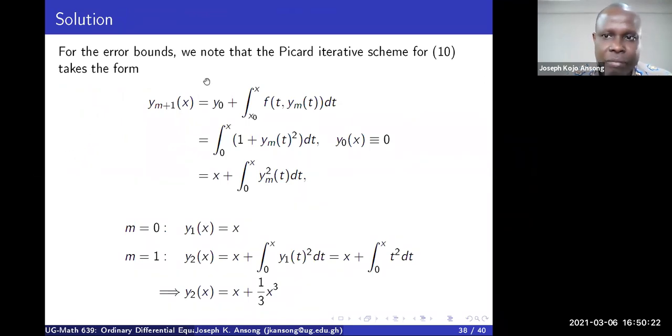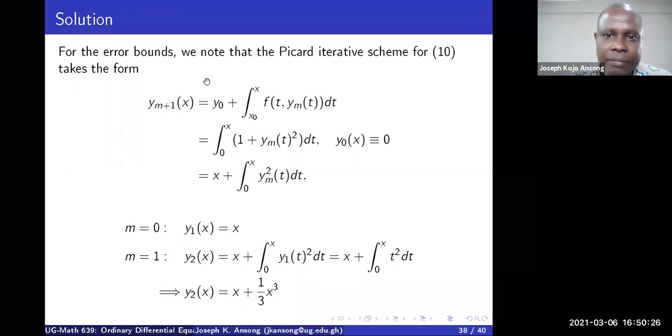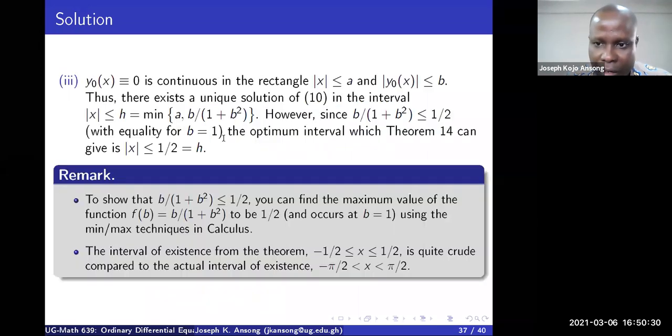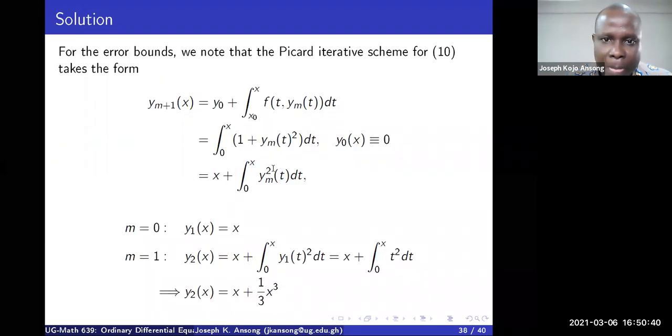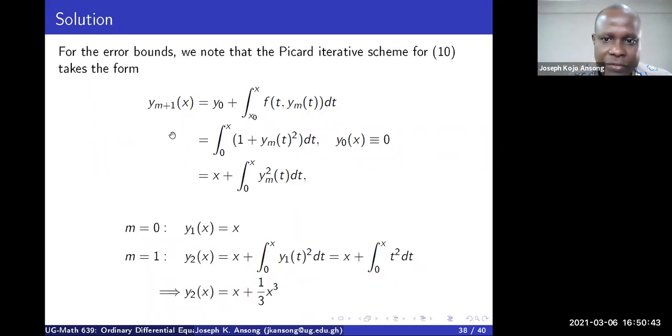Okay. So for the error bounds, we note that the Picard iterative scheme for equation 10 will take this form. Equation 10 is this equation, so the f is 1 plus y squared. Good. So we know how to find the Picard iterates. We have y naught plus the integral of this.